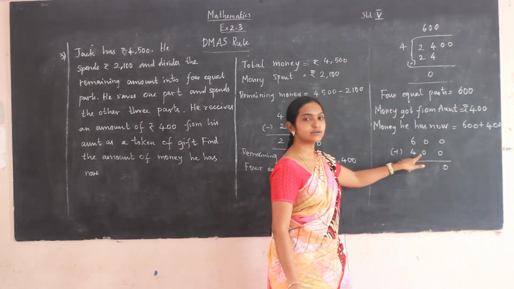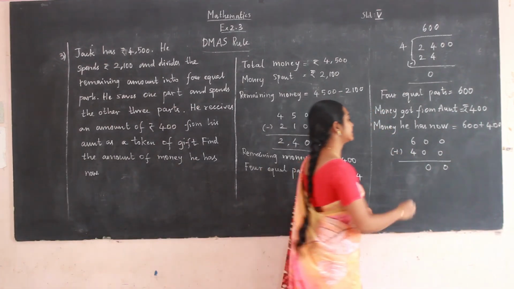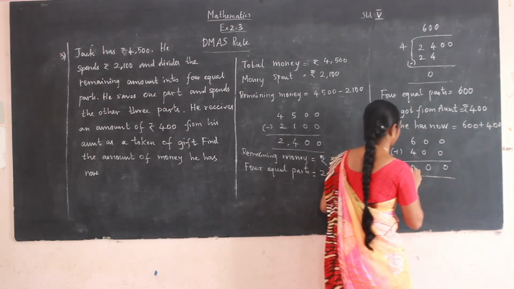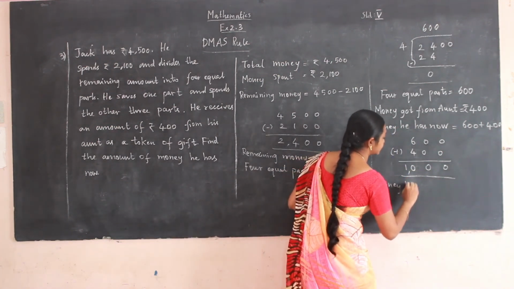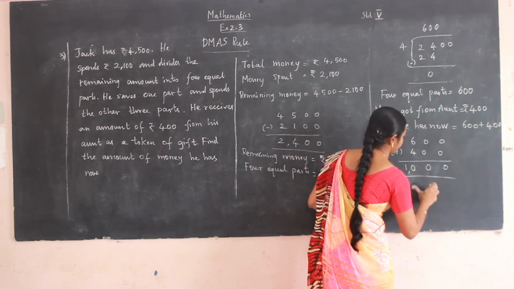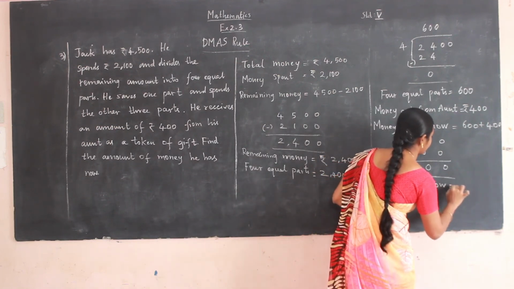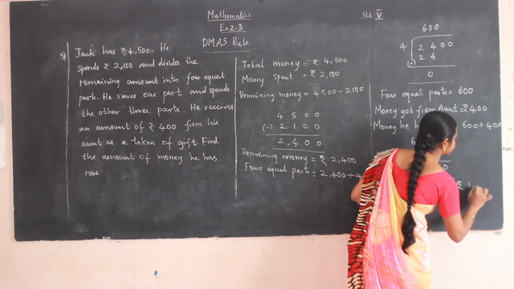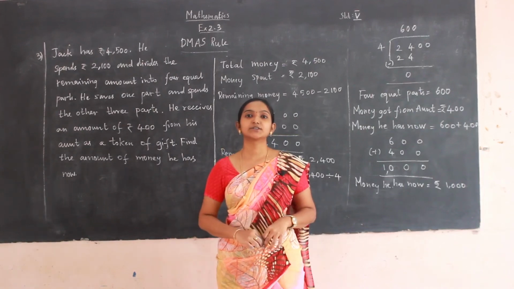Again 0 plus 0 is 0. 6 plus 4 is 10. So money he has now equal to rupees 1000. Thank you, students.